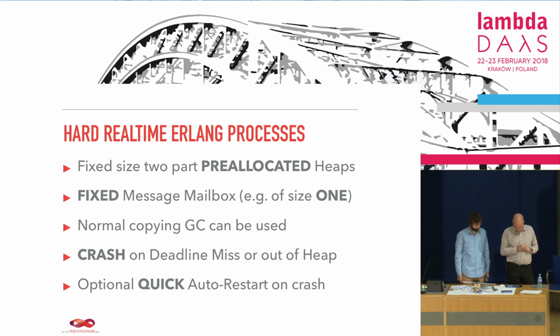And then the question is, what do we actually do when something doesn't work? Because there's always a probability that some bad things happen on your systems and you miss your deadline. And in a hard real-time system, this probably means that your state is kind of corrupted, which makes you take too long for processing and miss your deadline. So this is an error, like the usual let it crash error of Erlang.